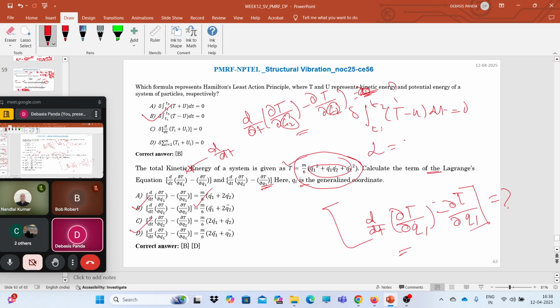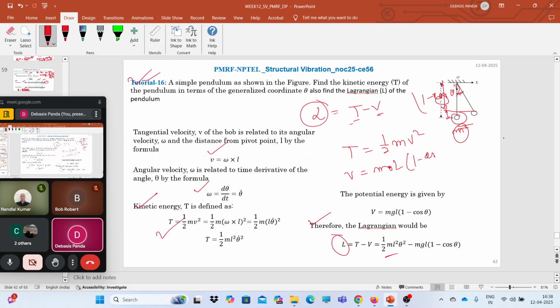That means L is equal to T minus V, and after solving this form, d/dt of del T by del q dot minus this should be what? So this kind of small problem can come from the variational principle part.